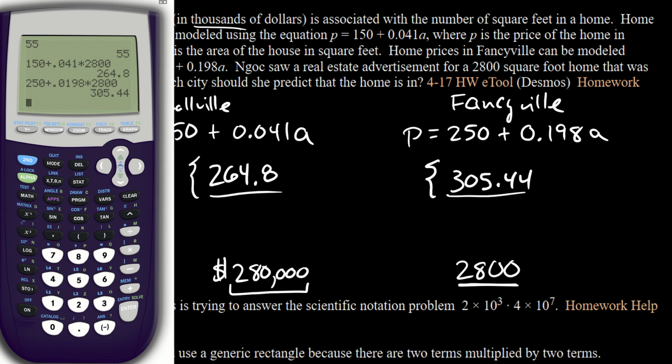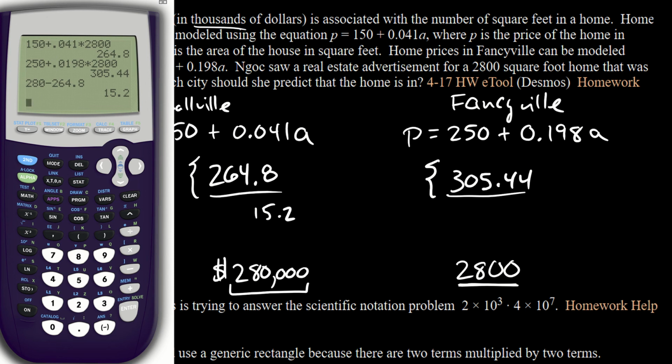Let's take a look at the difference in those. So I'm just going to take 280, that's the actual, minus the predicted 264.8, and when I do that, I get a residual of positive 15.2. Oh, the residual is actual minus predicted. I did actual minus predicted.